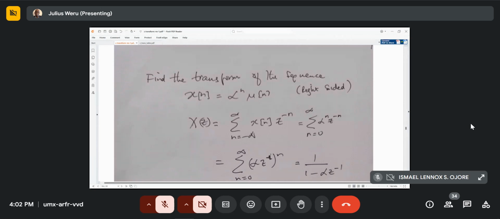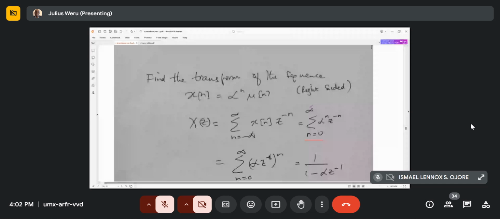X of z is given by the summation from n equals negative infinity to infinity of x of n z to the minus n, where x of n is just alpha to the n u of n. If you consider the limits from 0 to infinity, then the value of u of n is simply 1.